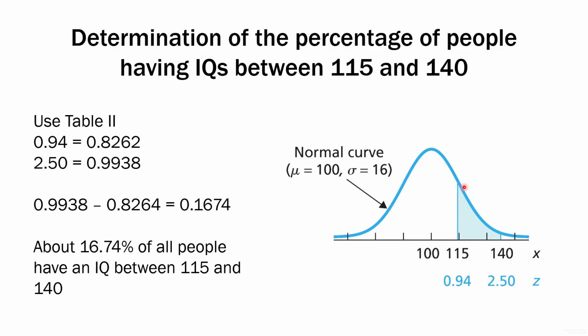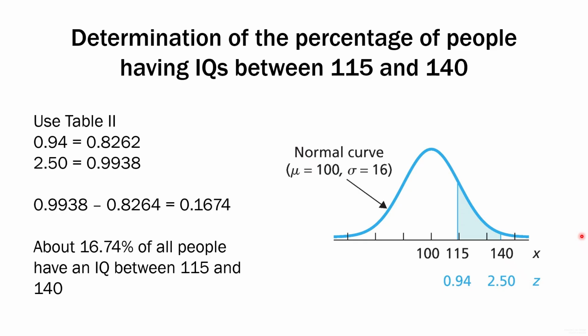We know that if we want to find the area in between, we simply subtract those areas. So 0.9938 minus 0.8264 is equal to 0.1674. And so our interpretation here is that about 16.74% of all people have an IQ between 115 and 140.